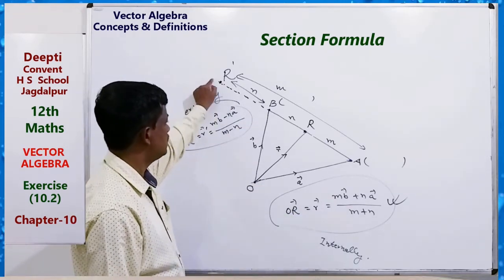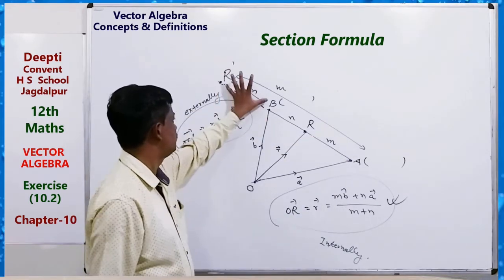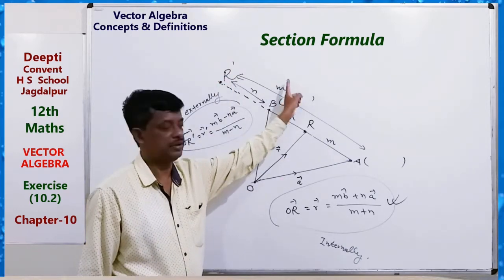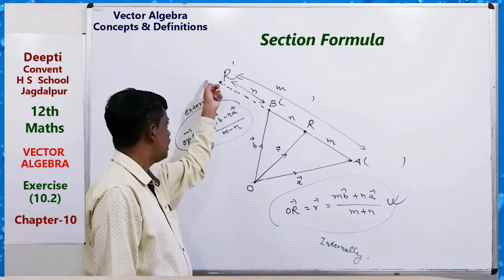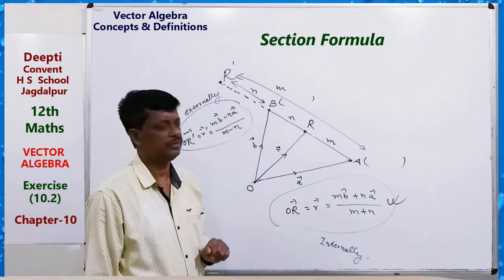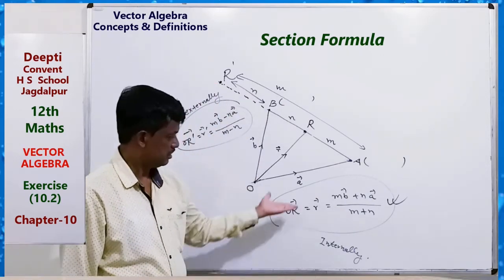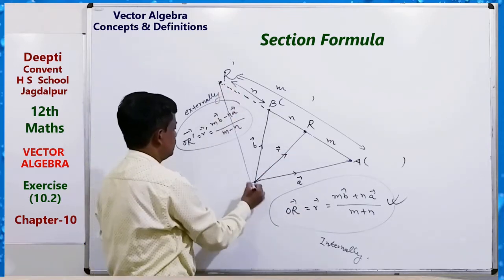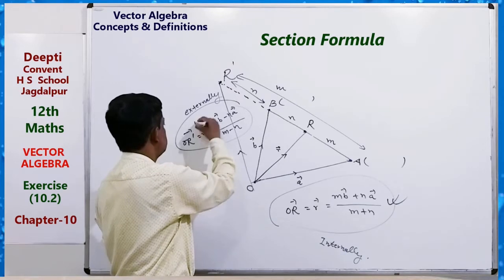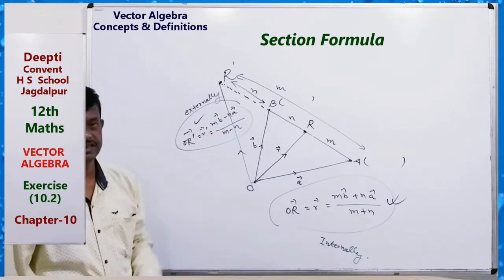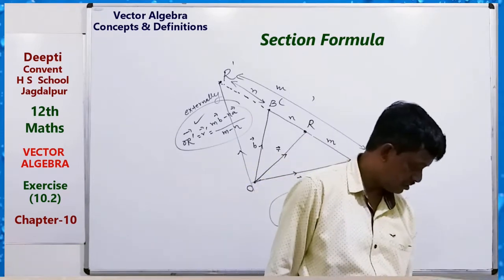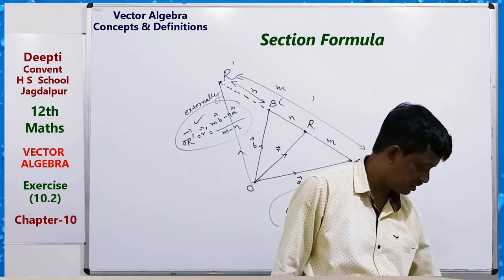Externally means outer side. By calculation you can see this is the position vector of R, and this is the position vector OR dash, externally versus internally. Just remember this formula, okay? We will require this formula for solving questions.